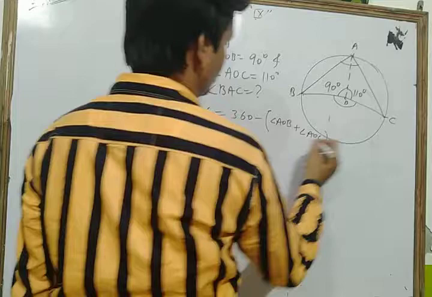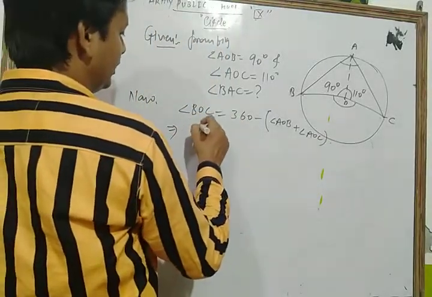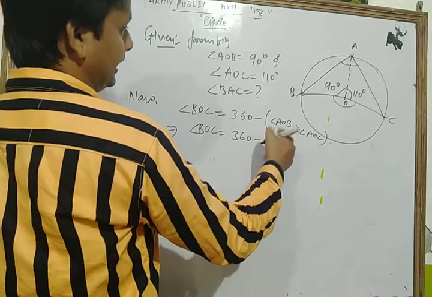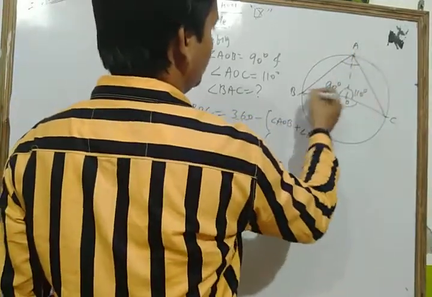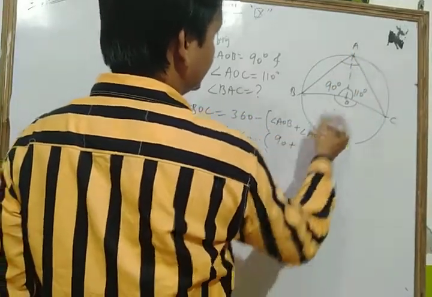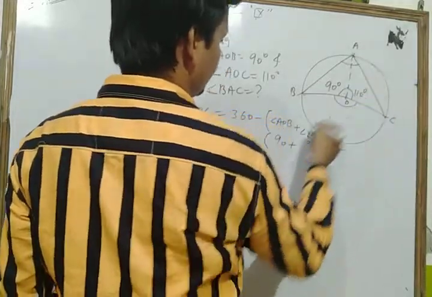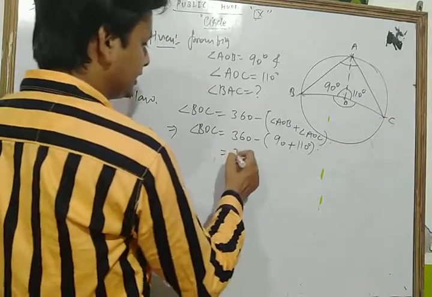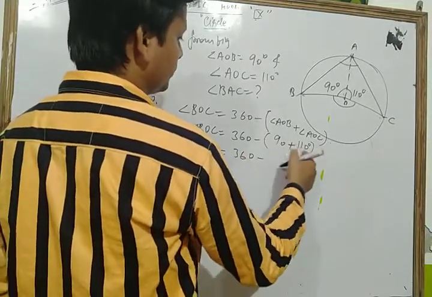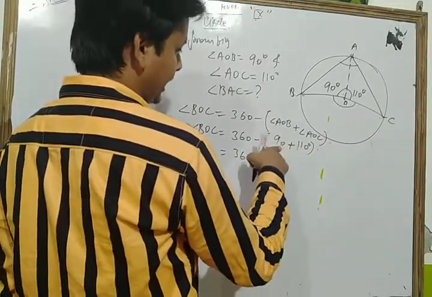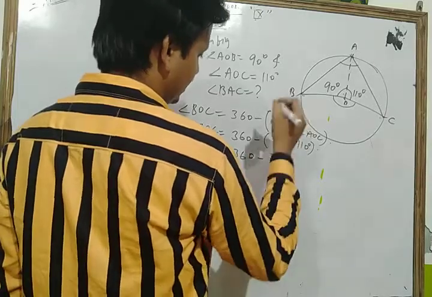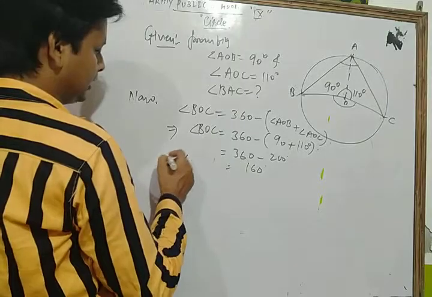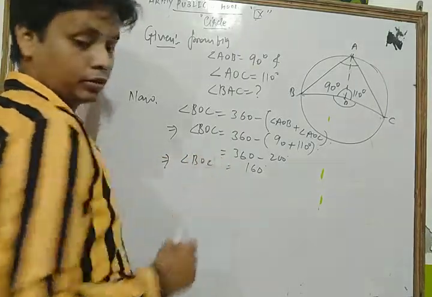Angle AOB is 90 degrees plus angle AOC is 110 degrees. Now we have 360 minus 110 plus 90, that is 200, so we have 160. This is the angle BOC.